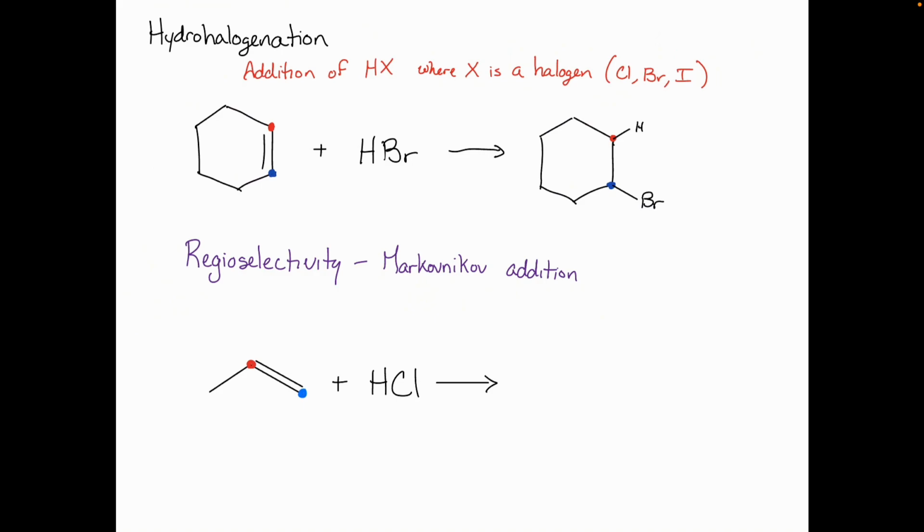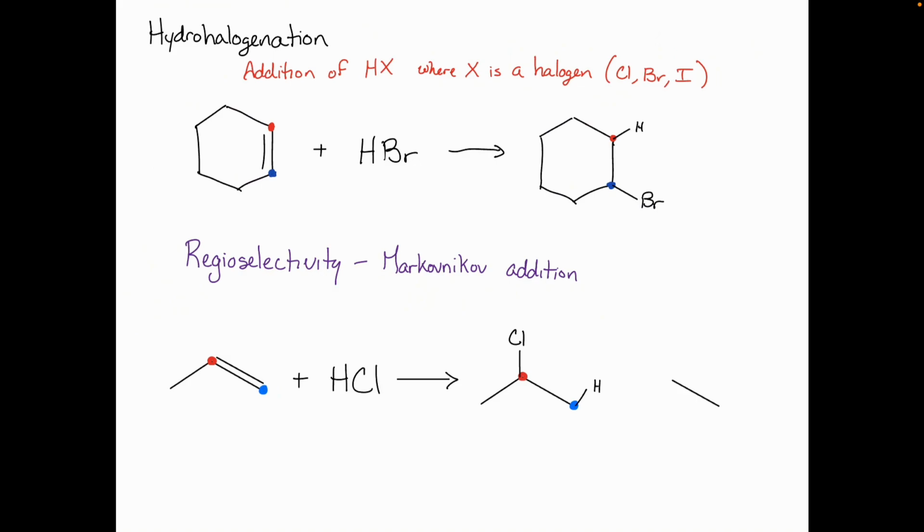All right, but in this case, if I drew my two possible products, one where the chlorine goes on the red carbon, and another where the chlorine goes on the blue carbon, I get two different products.